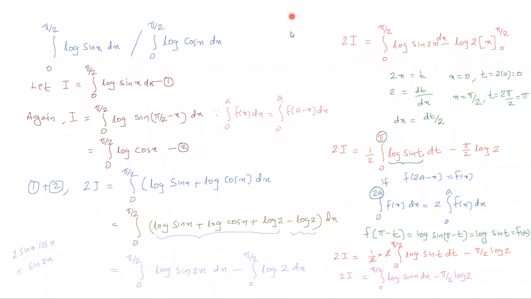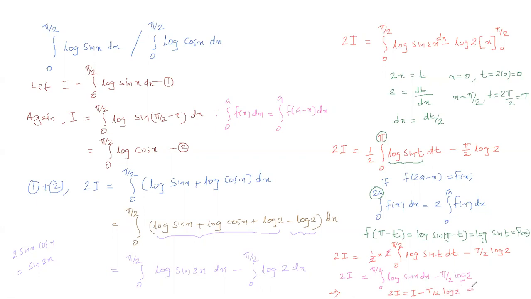So that means 2I is equal to I minus pi by 2 log 2.